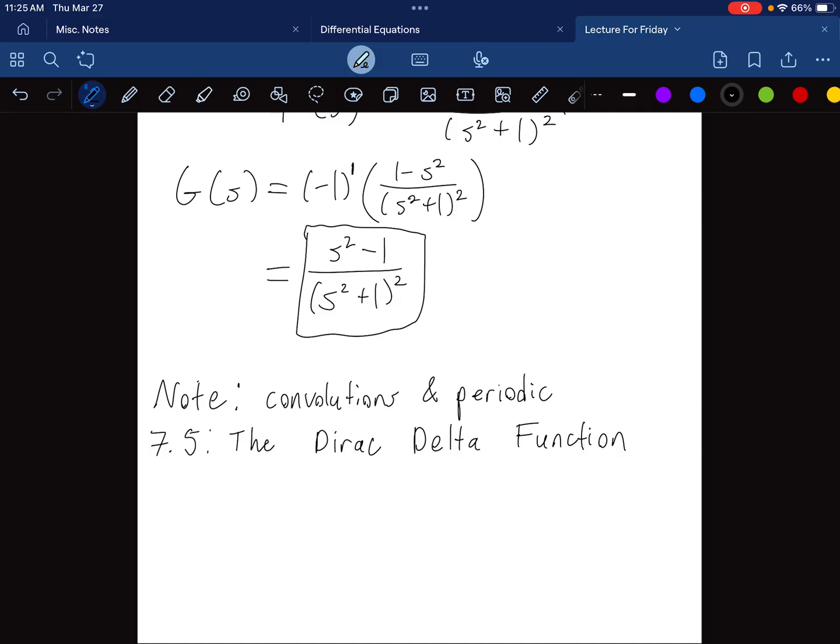And so to create a function to represent this pulse, we call it the unit impulse function.